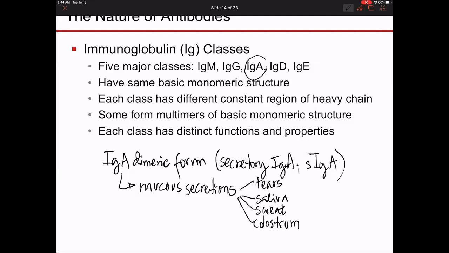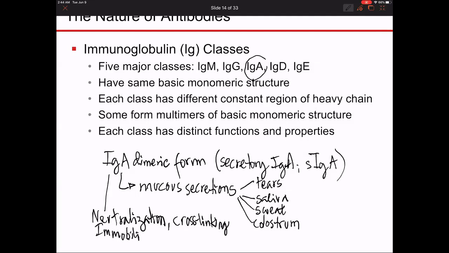You're going to find a lot of this secretory IgA. The main functions of the IgA are neutralization, cross-linking, and immobilization. Those are the main functions for the IgA.